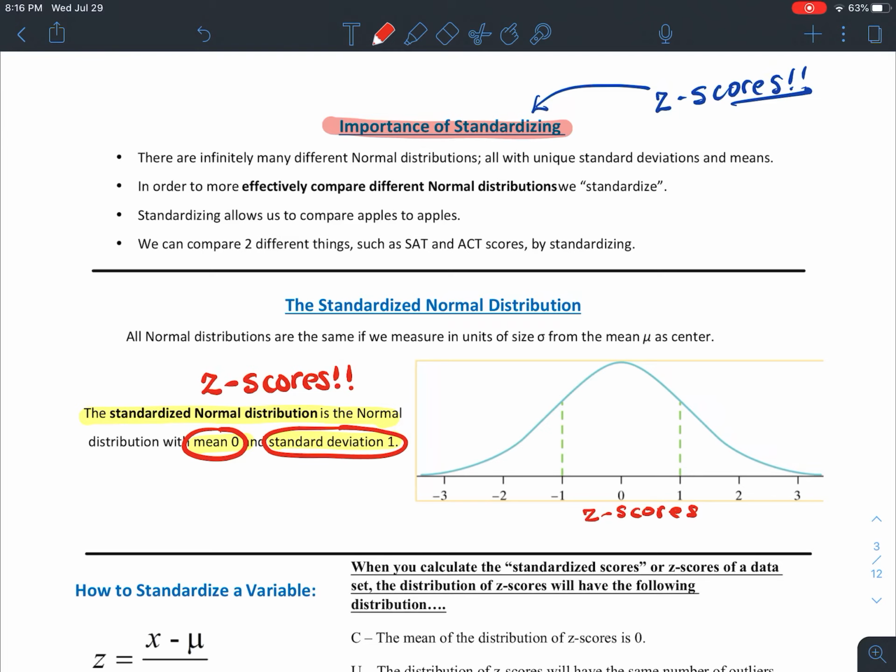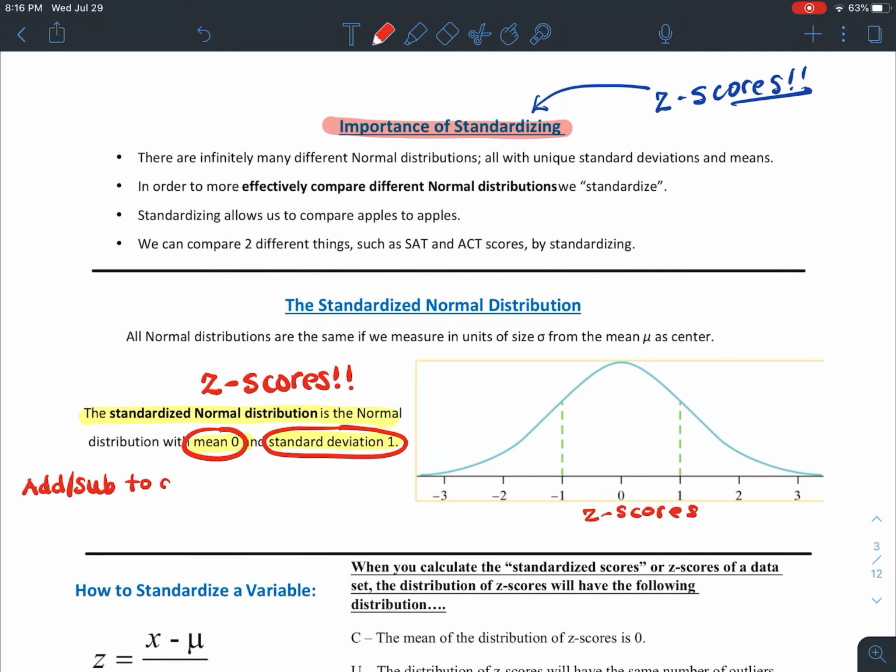Now, remember, when you add and subtract a number to all the values in your data set, it affects the mean. When you multiply and divide all the values in your data set, it affects both the mean and the standard deviation. So let me just write that here.